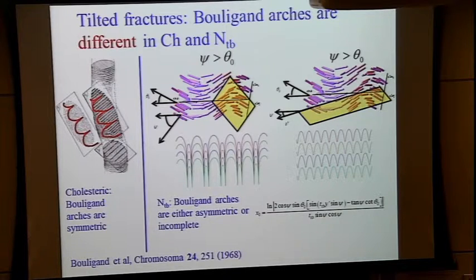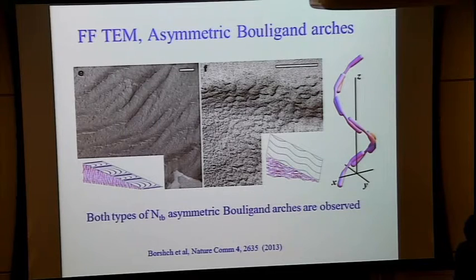And that brings all the difference in the cross-sectional views of the microscope. You see that these arches are now not symmetric or not well developed, and this is precisely what the new phase shows under the microscope. Either the alternating arches of wider and narrow type, or underdeveloped arches.